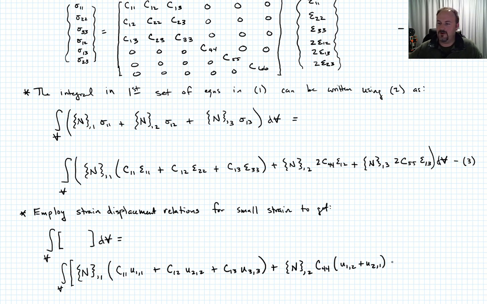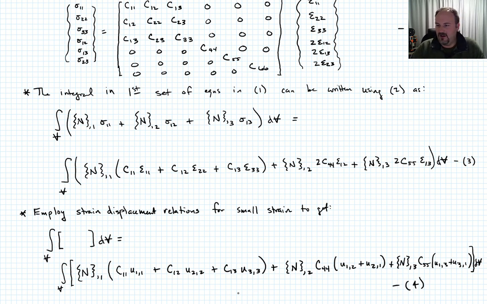And then I have a similar term here, plus n comma 3 C55 (u1 comma 3 plus u3 comma 1) dV, okay? And we're going to call that equation 4. It's getting kind of long there. Okay, hopefully that's straightforward.